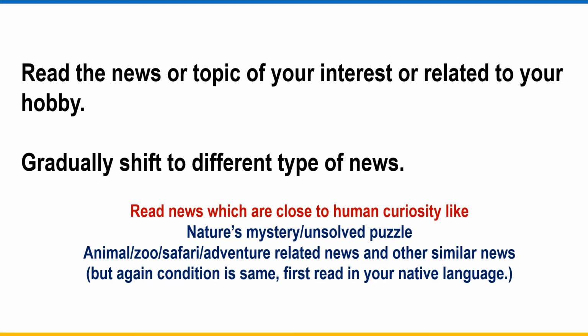But again, condition is same. First read in your native language. For example, a few days before in India, 7 or 8 cheetahs have been brought as per the policy of government of India. So we all know cheetah is a wild animal. Cheetah is very dashing and very roaring and very dangerous animal.